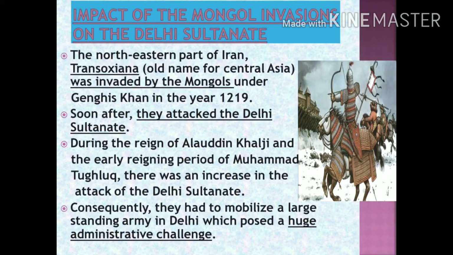Especially during the reign of Alauddin Khalji and Muhammad Tughlaq, these attacks increased a lot. और इसकी वजह से दोनों रूलर्स को mobilize करनी पड़ी एक large standing army, and maintaining a large standing army and maintaining a large empire posed a huge administrative challenge. So now let's study what challenges these sultans faced.